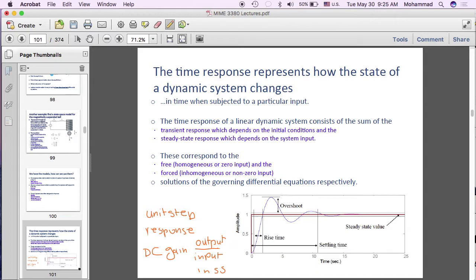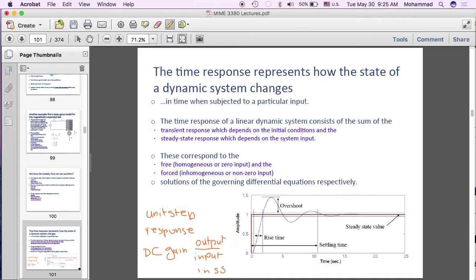So we talked about the steady state and the DC gain. There is another time indicated on the plot, roughly 10-11 seconds for this system. This is called the settling time. How long does it take for the system to reach a steady state? It doesn't have to reach the steady state itself.